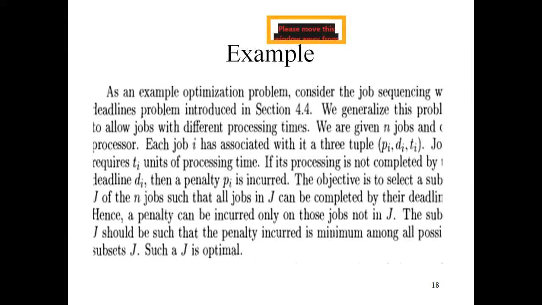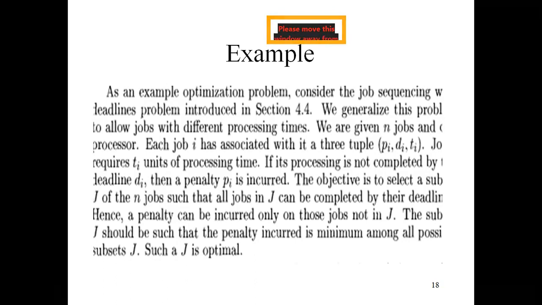Job i requires TI units of processing time. If its processing is not completed within the deadline DI, then the penalty PI is incurred.